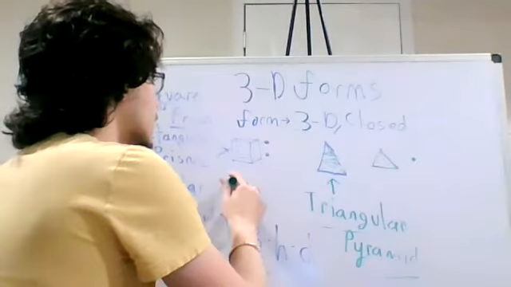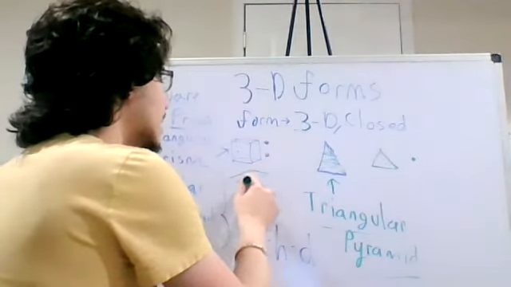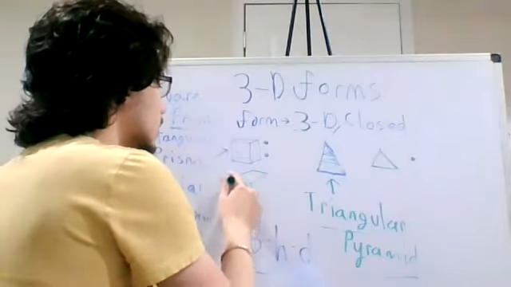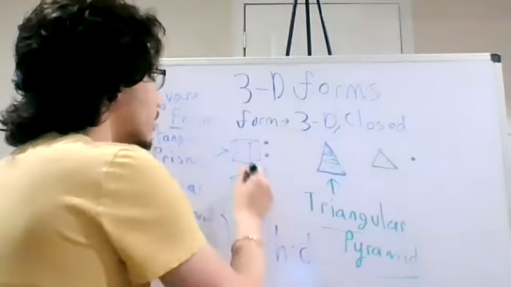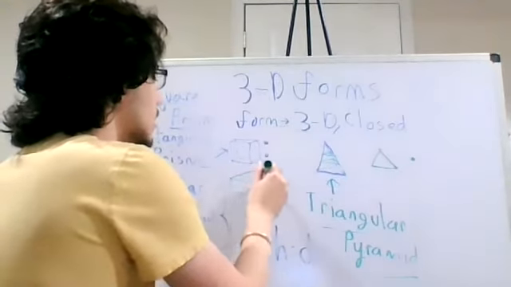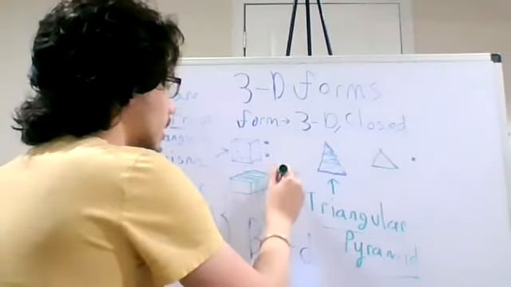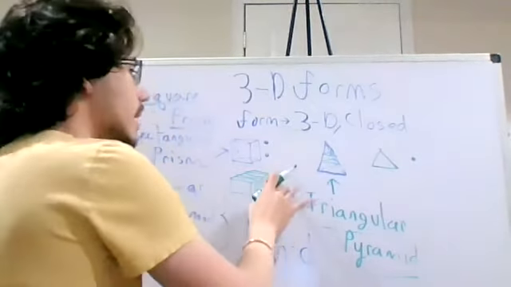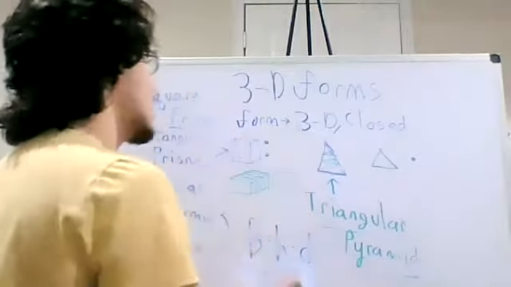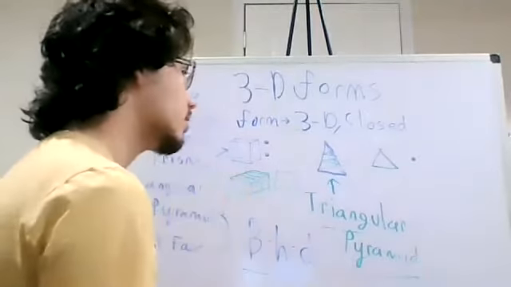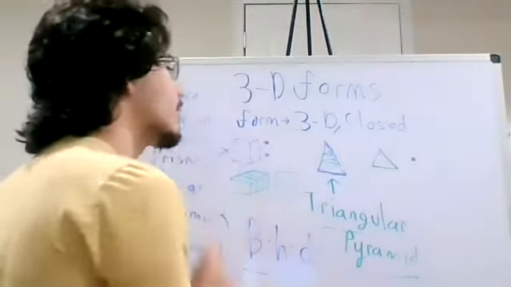So if we have a prism, let's say that this is bread. If we chop it up to many little bits, we can observe that the bases of the slices that we chop off are the same as the original one on the top and the bottom.